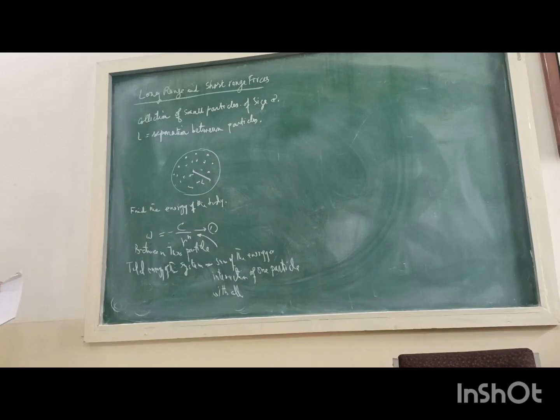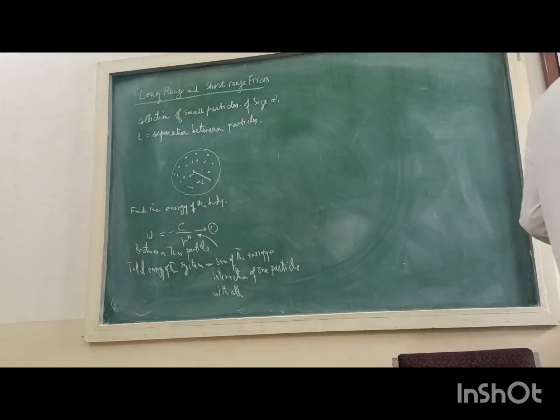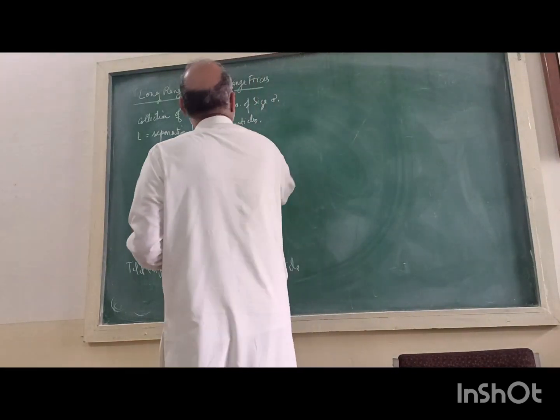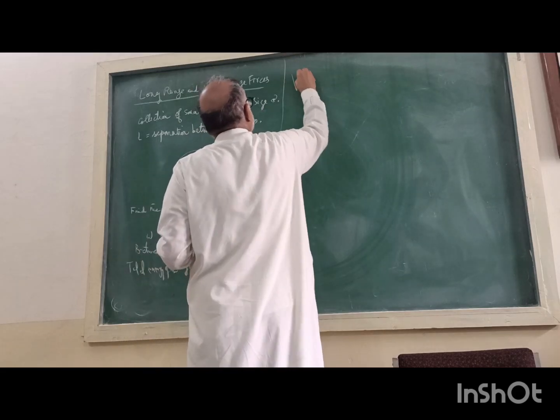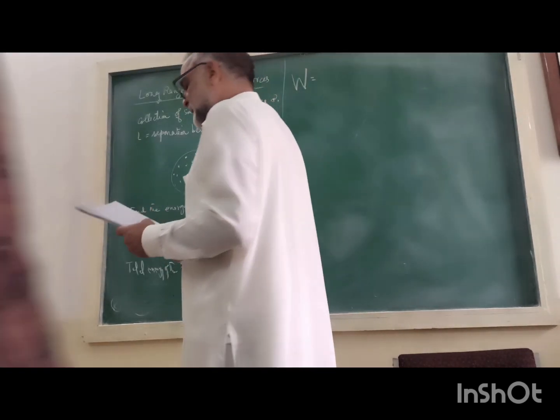If we write the pair energy with a small w, then we write the total with a big W.